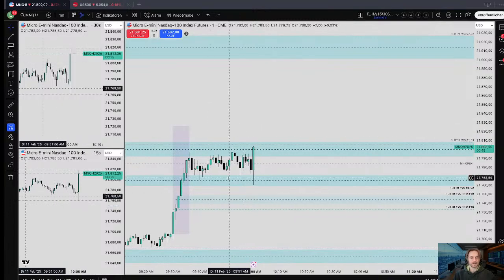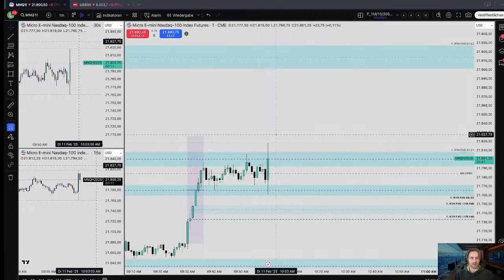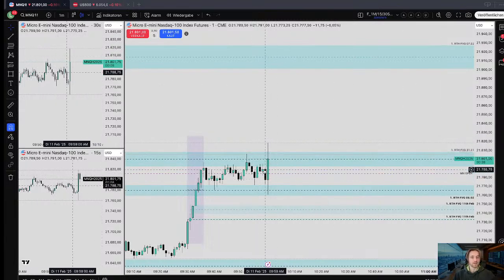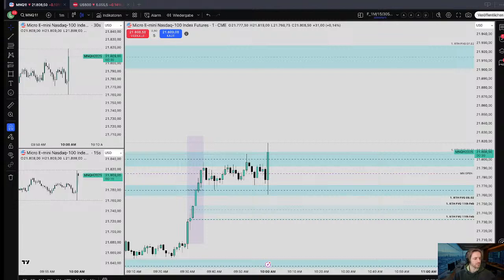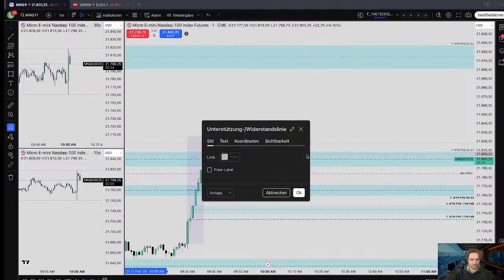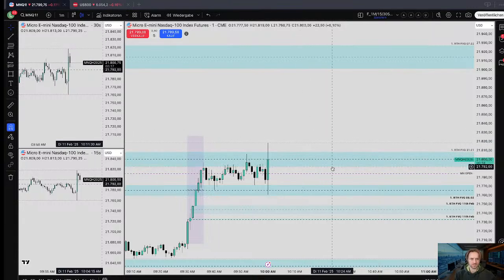Let's see. There we go, manipulation going upwards. And now I want to see breakthrough. I think this is the effect of the Powell testimonial, right? Pretty sure about that. What is this even? Ah, that's my daily high. Why is this red? Never make them red, they're normally blue.